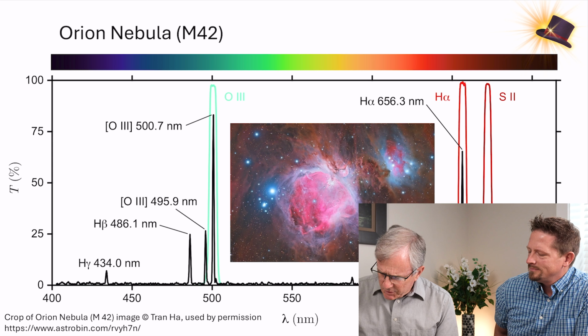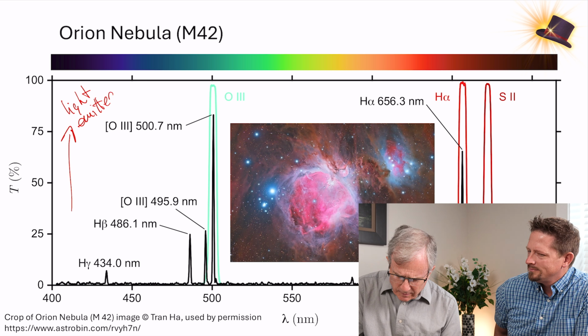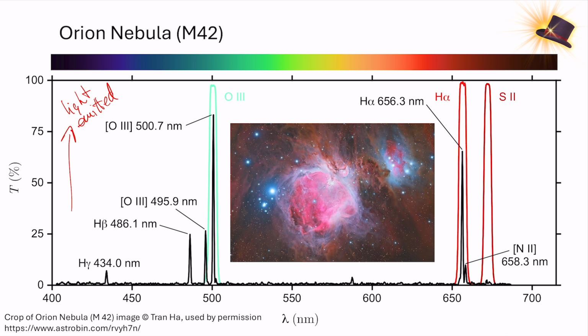But just to give you an idea, we're talking about how much light is emitted on the vertical axis versus wavelength on the horizontal axis. And you can see that we're going from 400 nanometer wavelength to about 700 nanometer wavelength.